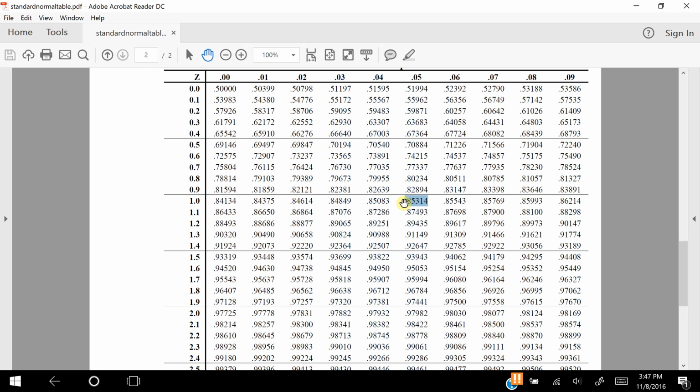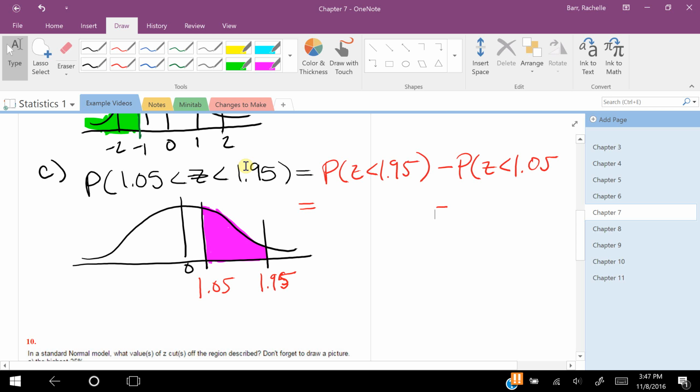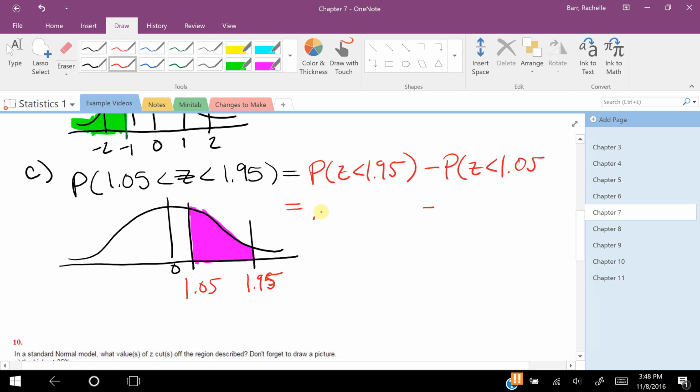It's in the same column. That's kind of nice and easy to read. 0.85314. I'm going to go back and write those down. 0.97441 and 0.85314. I'm going to subtract those two and get 0.12127. Again, slightly more accurate than what we've done previously.